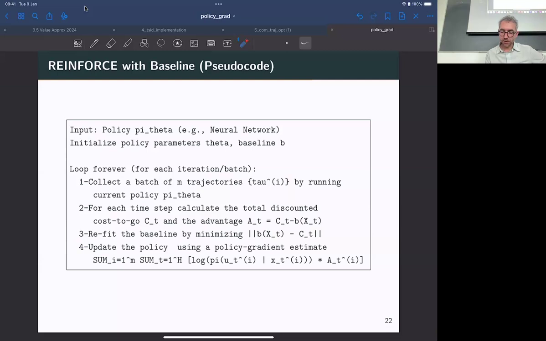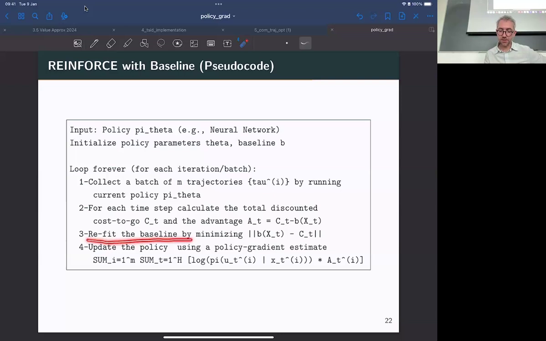It's very similar to before, but what we do is that we now collect a batch of trajectories, not a single one. So you run a batch of episodes with the current policy, pi theta. For each time step, you calculate the total discounted cost to go and the advantage function, which is the difference between the cost starting from the state until the end of the episode minus the value function associated to that state.